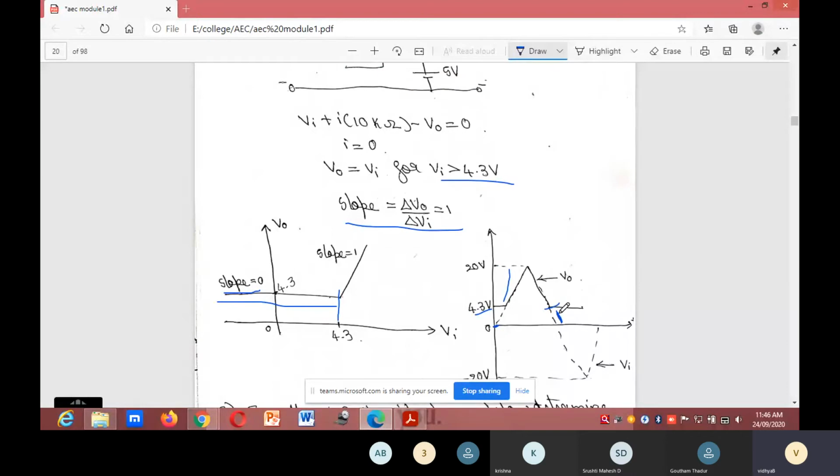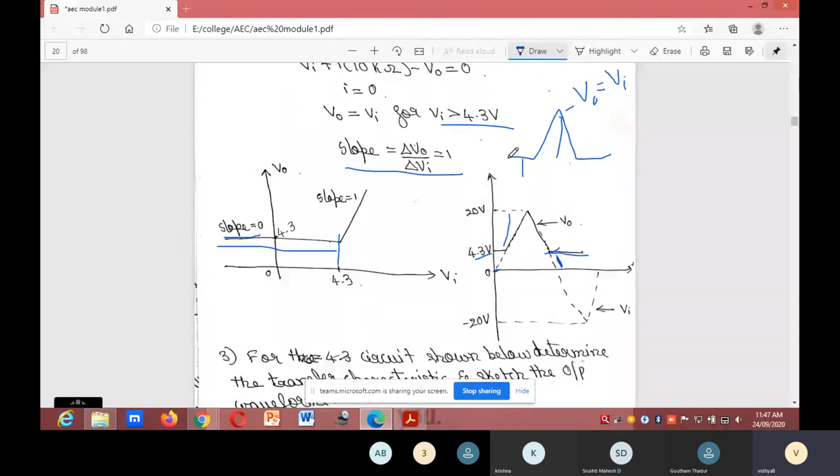When the input Vi is less than 4.3, the output will be 4.3 only. Like this you will get. All of this is less than and all of this is greater than. When it is greater than, you'll get V naught is equal to Vi. Same as the input, you need to draw the output. When it is less than 4.3, you need to draw a straight line at 4.3.